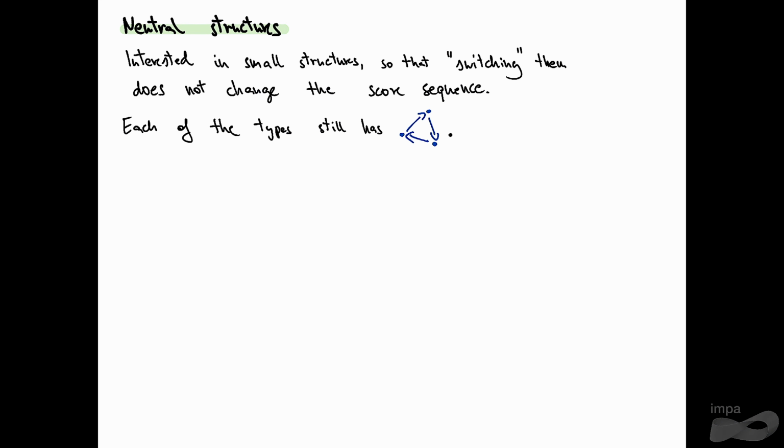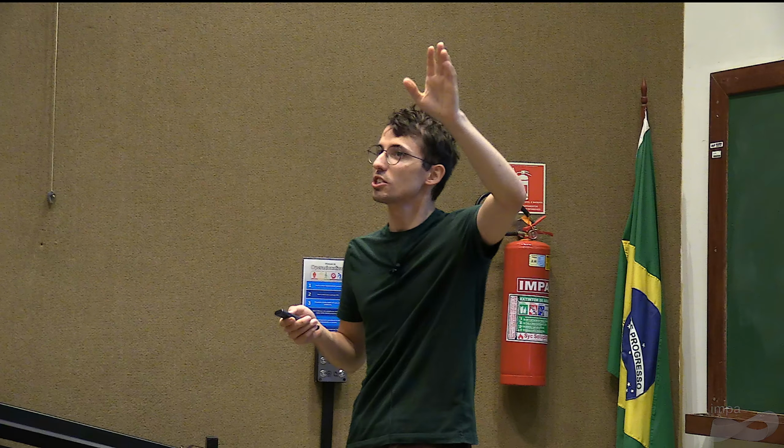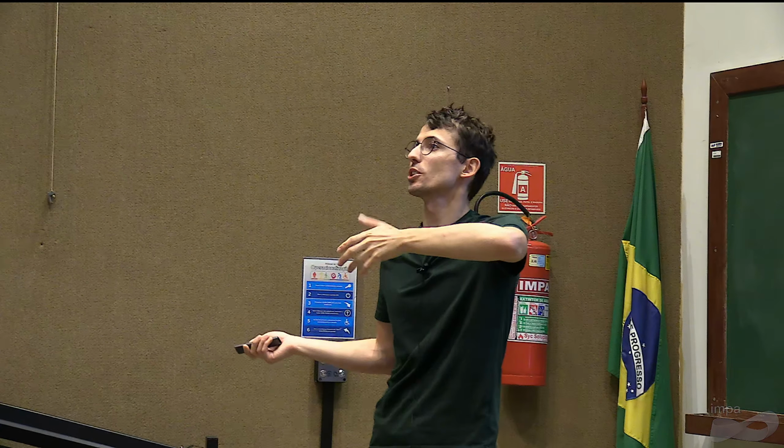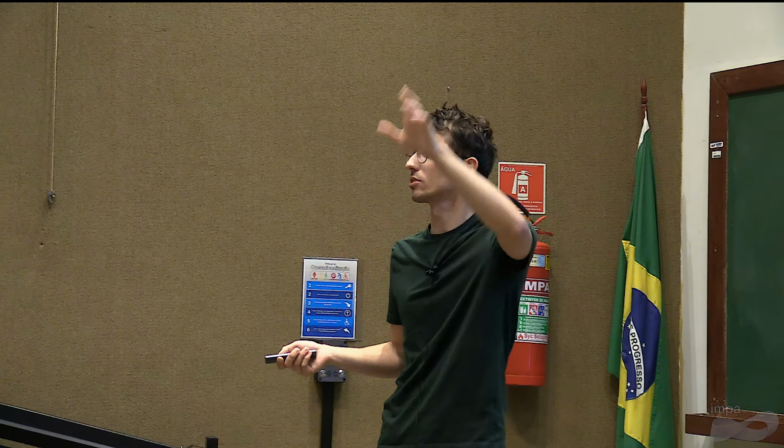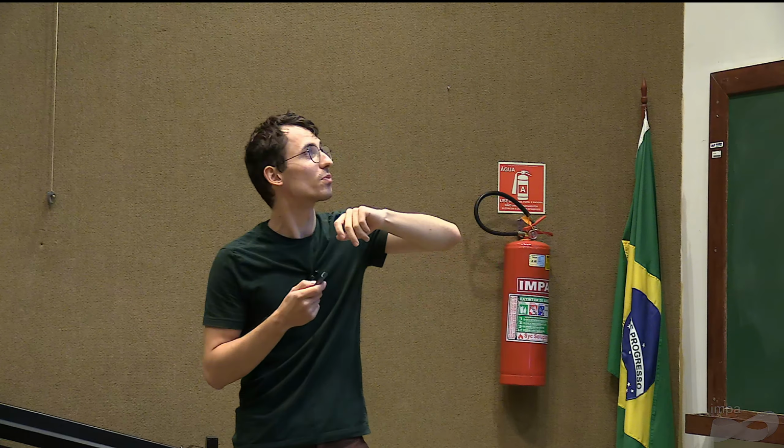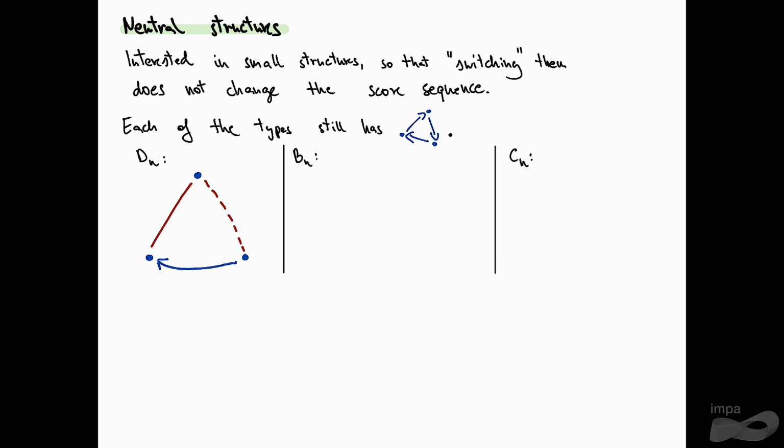Since all the competitive edges are there, I will also have cyclic triangles, right? I can still switch them, and they don't impact the score sequence. So far so good. In type D, there is one new extra structure.